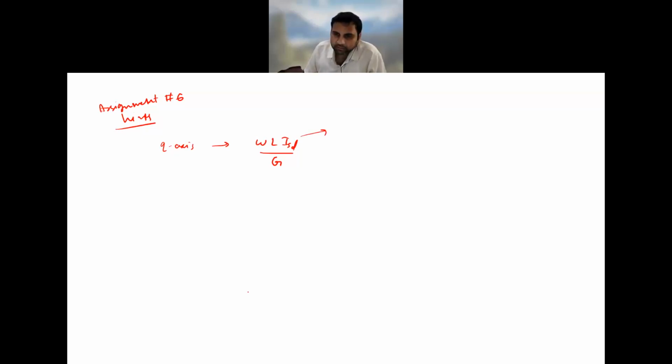Now here ISD you have to calculate, so simply calculate the ISP and multiply it by 3 by 2, so that will be your ISD. Because when the DQ axis is lying along the alpha component, that is when you get ISP times 3 by 2. All the other information is given, so you can easily calculate that particular part.